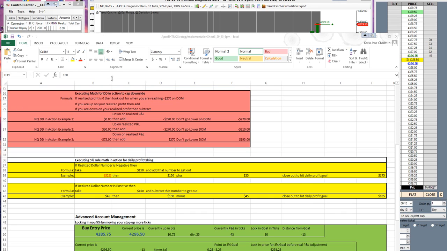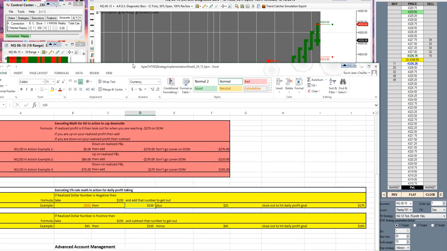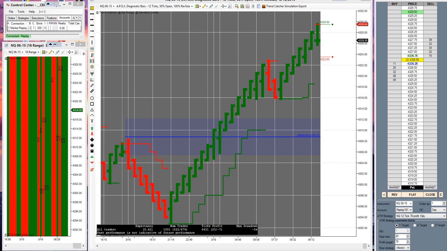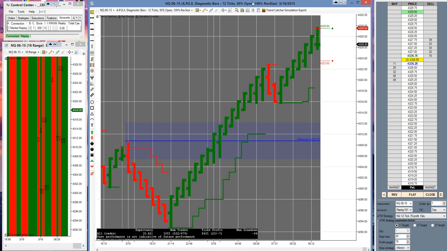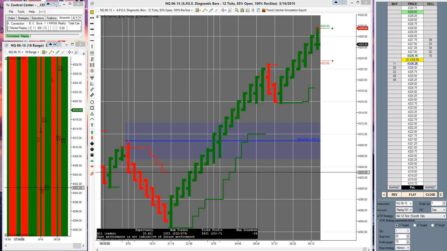Now that we covered the math, I'm going to go through an example with market replay. Alright, this is market replay. I'll move this down a little bit so you can see the day. This is 3/16. I'm going to play it and fast forward a little bit. This is close to the New York Open.